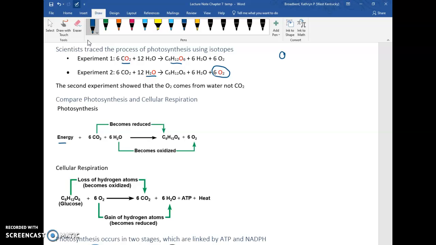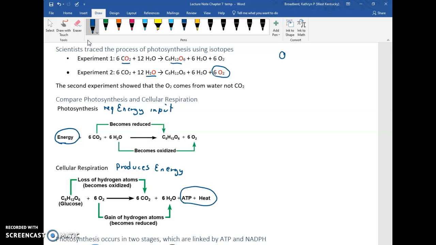So they're kind of just opposite reactions. Photosynthesis requires energy. The energy is on the reactant side, and cellular respiration produces energy. And we have ATP and heat, which represent energy on the product side.